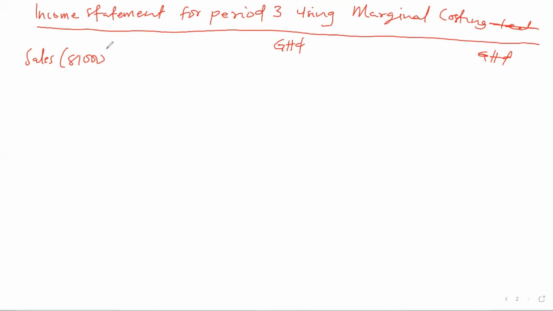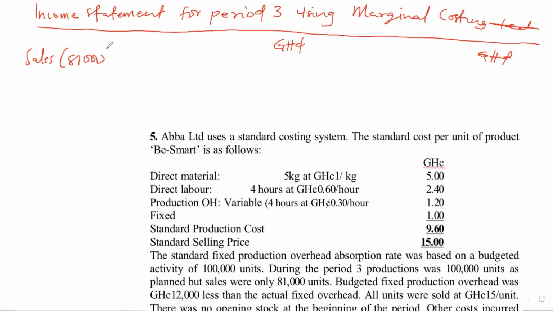And here again, they said all units were sold at 15 cedis per unit. So we multiply the units by the price per unit, and we will have 1,215,000. We don't have any returns here.